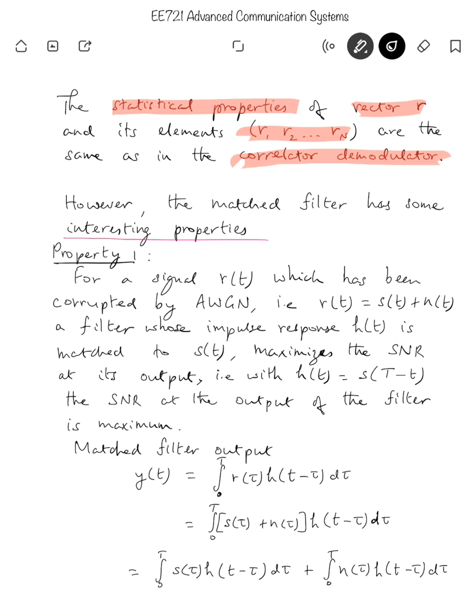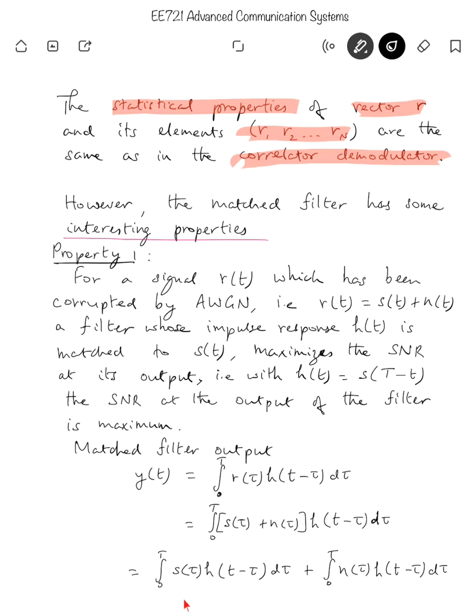And then we break this integral into two parts. So we have the output of the matched filter containing the signal component, which is the convolution of the transmitted signal with the impulse response of the filter, plus the convolution of the noise signal with the impulse response of the matched filter.